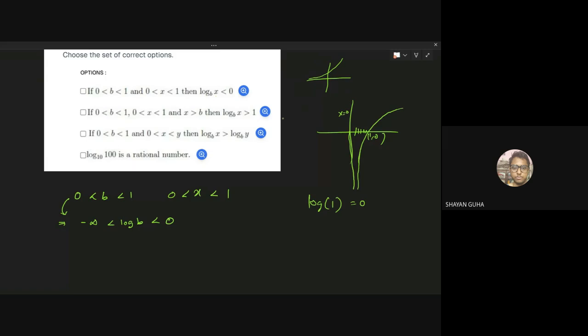Both are interchangeable. Something which is the domain for log is the range for exponential, and something which is the range for exponential is the domain for log. We can easily see that the exponential has a range from 0 to infinity, actually open 0 to open infinity.